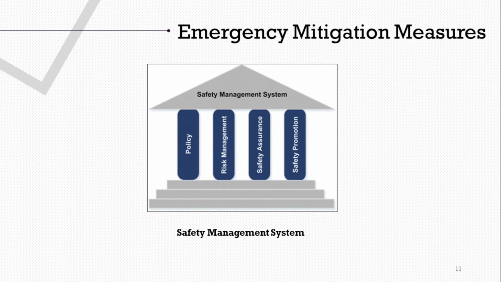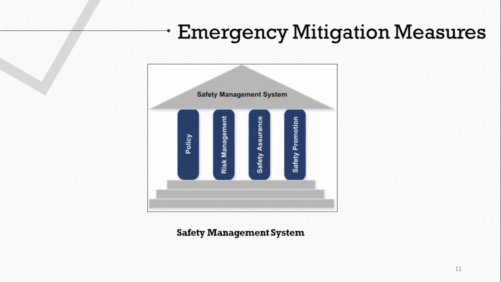Safety risk management involves continuous hazard identification that results in a risk assessment process in order to determine suitable control mechanisms. Safety assurance evaluates the continued effectiveness of implemented risk control strategies.